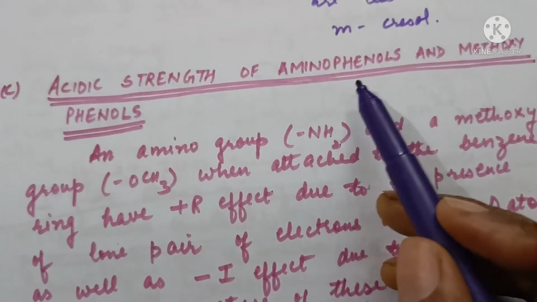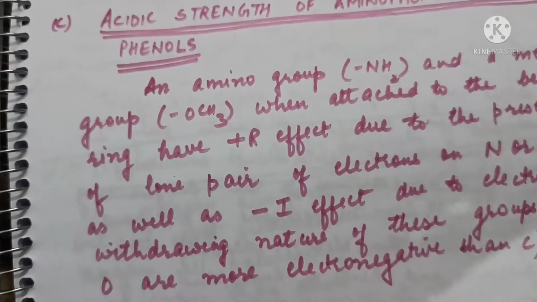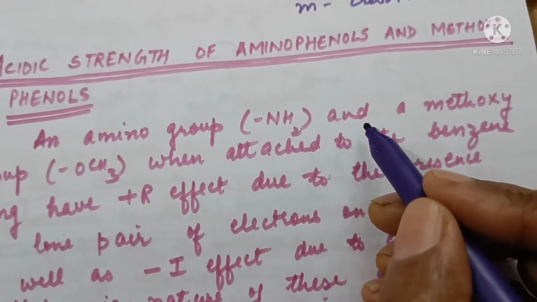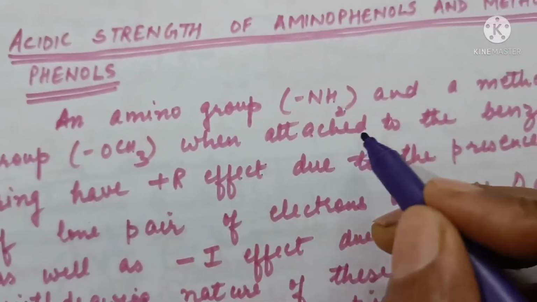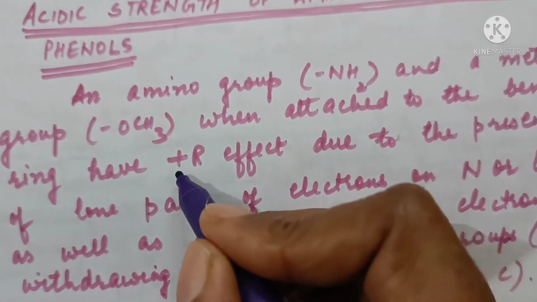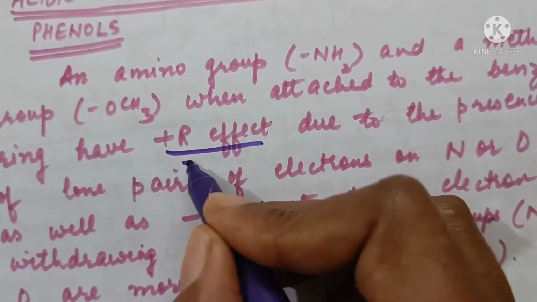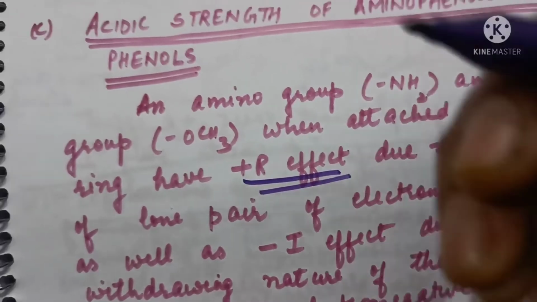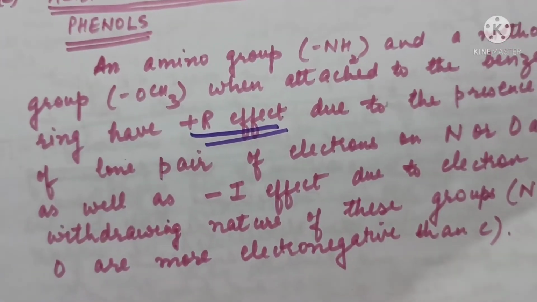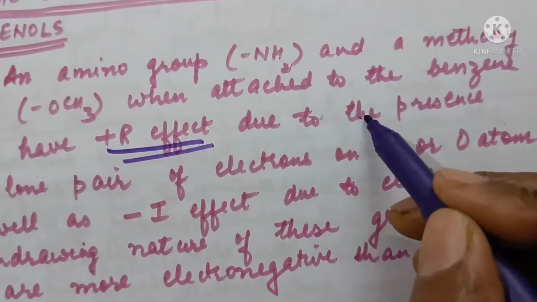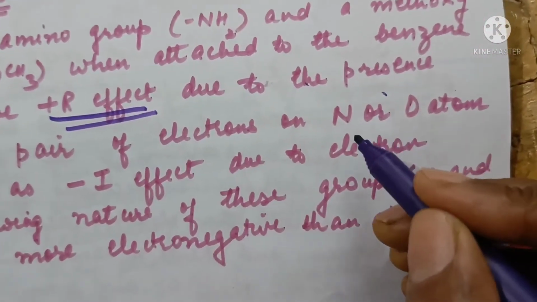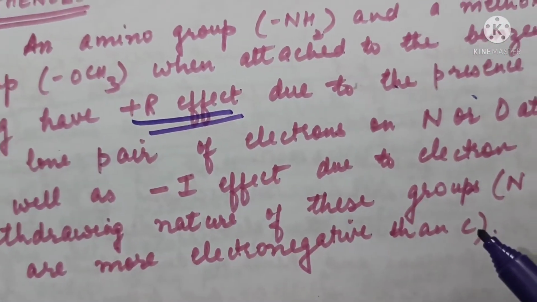Acidic strength of aminophenols and methoxyphenol. An amino group and a methoxy group, when attached to the benzene ring, have plus R effect. It will intensify the negative charge on the oxygen atom. This is due to the presence of a lone pair of electrons on the nitrogen or oxygen atom.